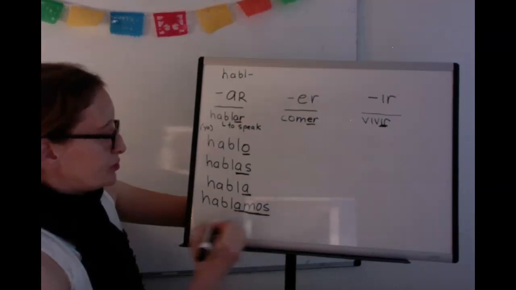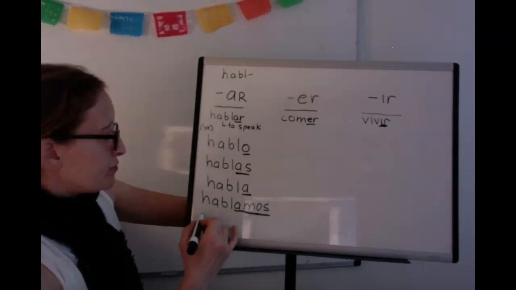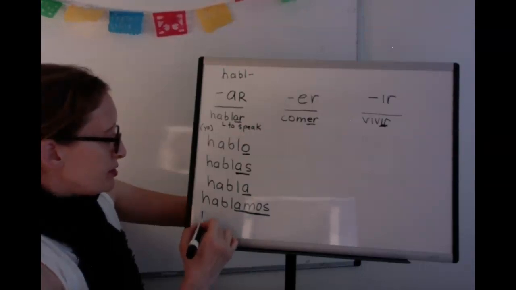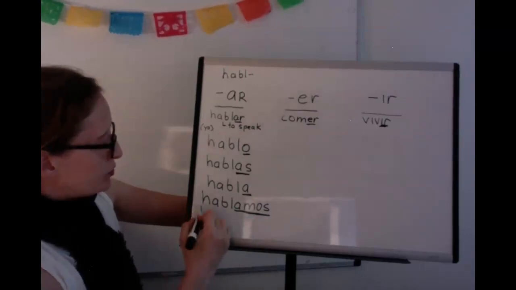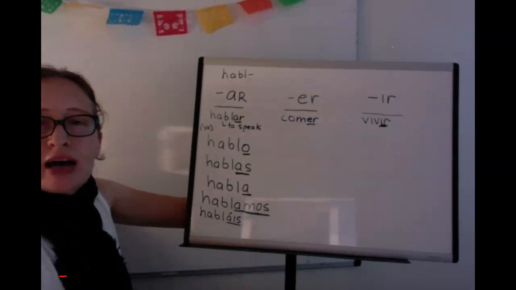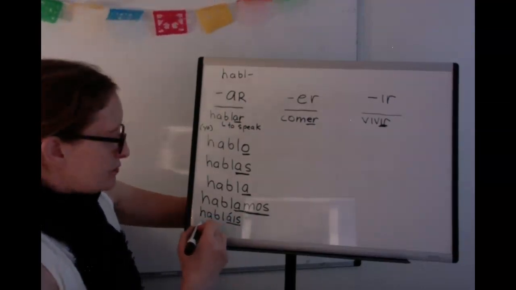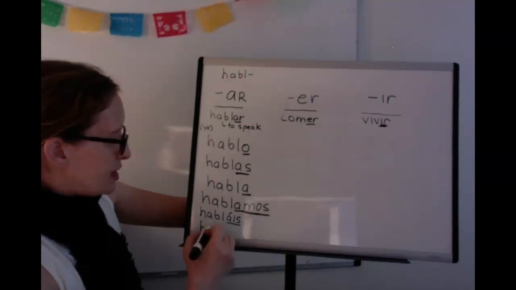Nosotros hablamos. And let's go ahead and put up vosotros so that you can see vosotros is habláis. And then we have the ustedes form. Ellos, ellas, ustedes hablan.